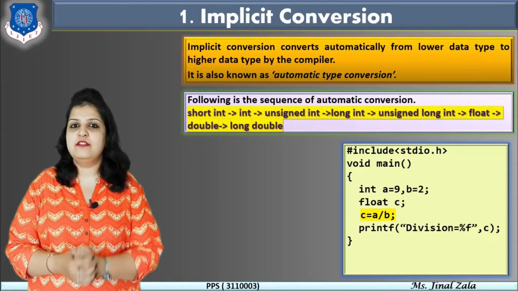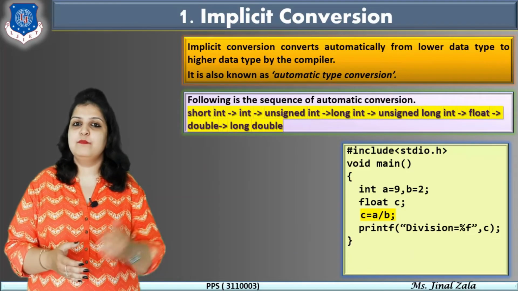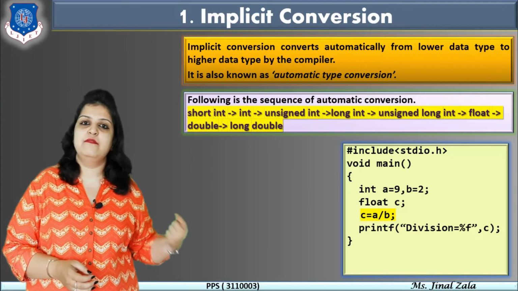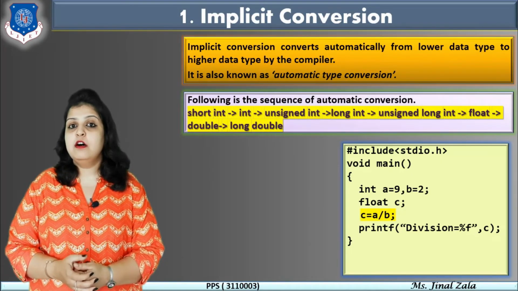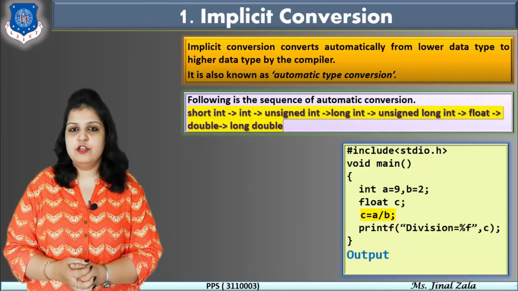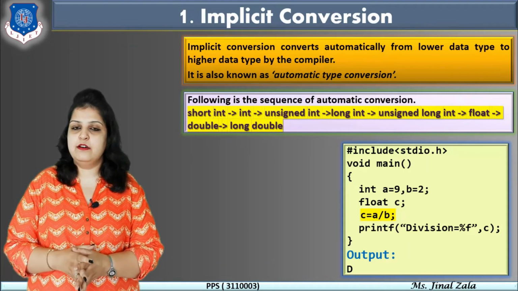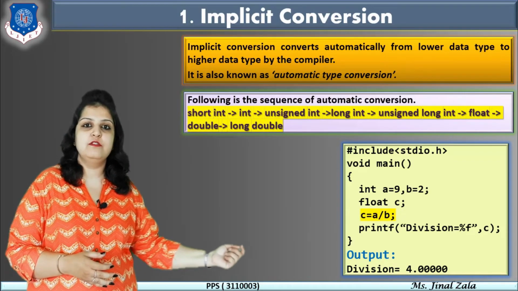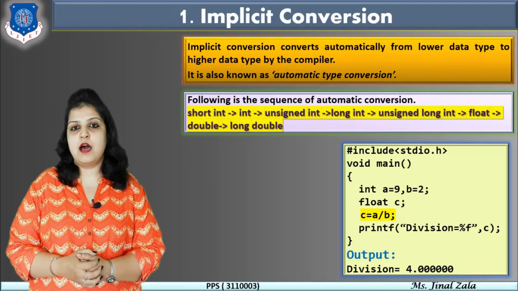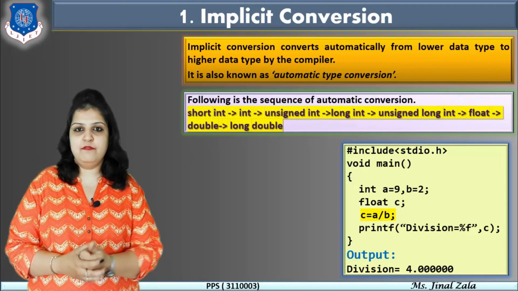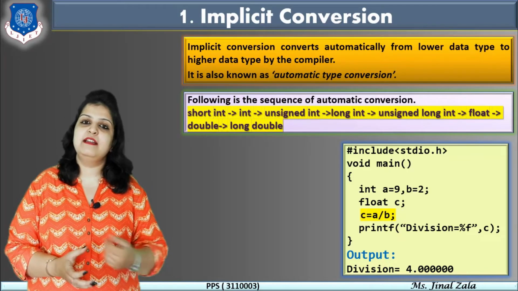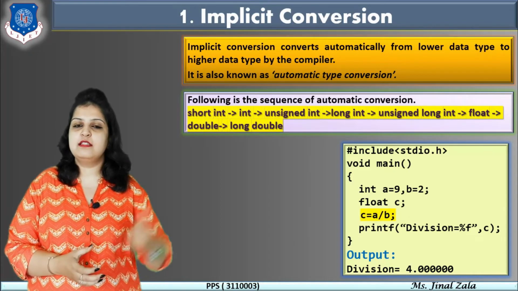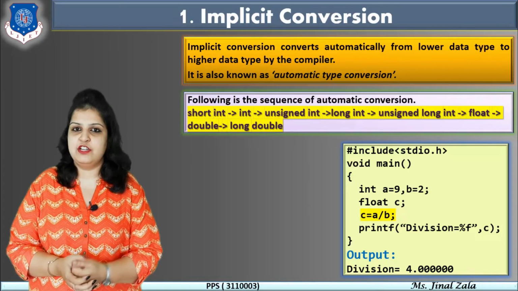Our actual answer would be 4.5, but here both are integers, that's why only 4 will be stored in variable C. Now the data type of C is float, so finally when you print the value of C, our answer will be 4.000000. Since C is a float data type, the answer is shown as a real number, but our actual answer is not obtained, because A and B are both integers.